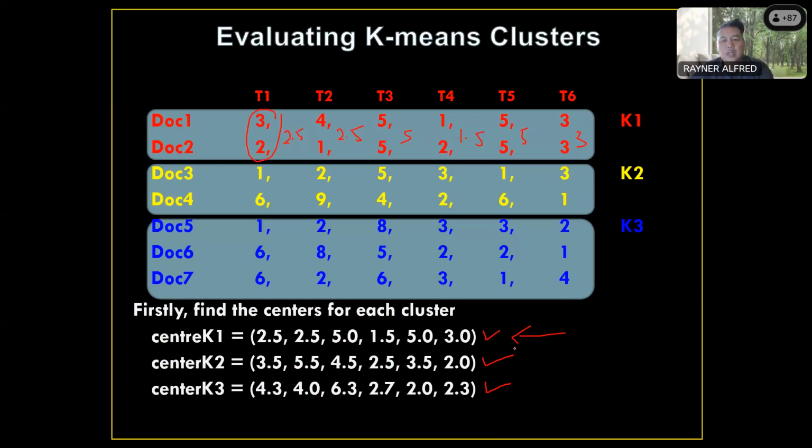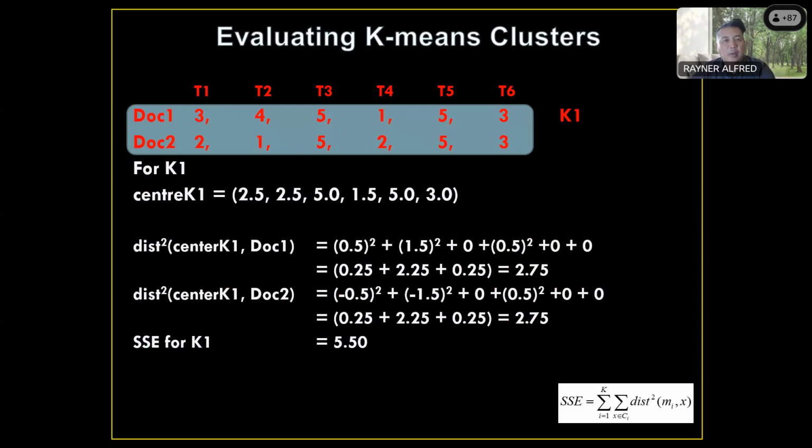Okay. So once we get the center, then we compute the average distance to the center. Okay, so we find the difference and then we add them together. Then we do it for document 2 again to the center of cluster 1 and we get that one.